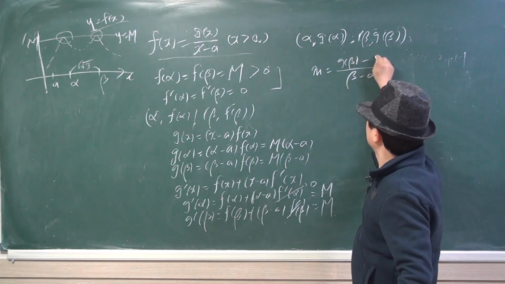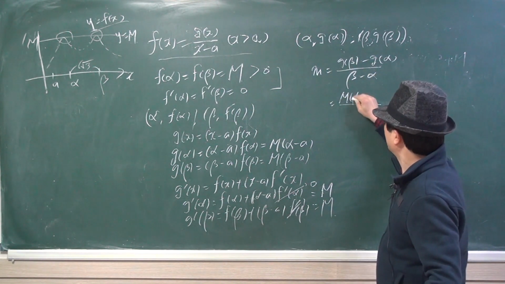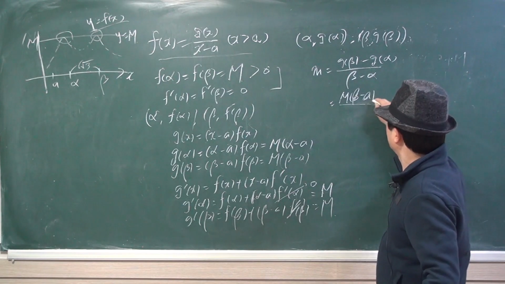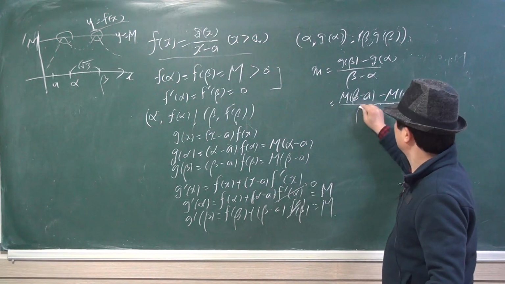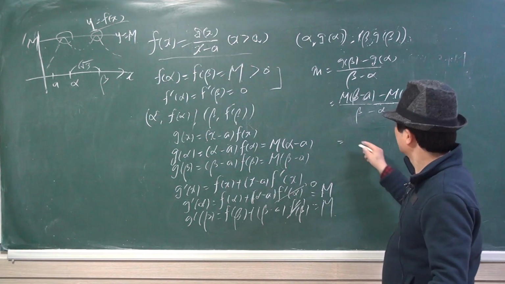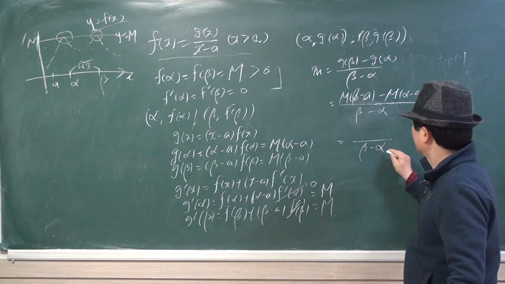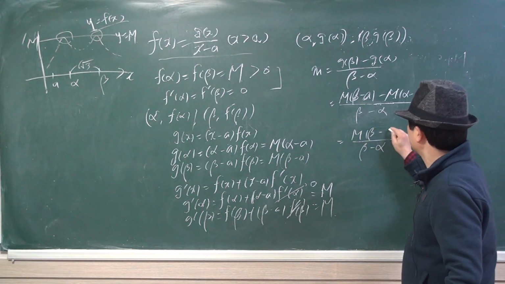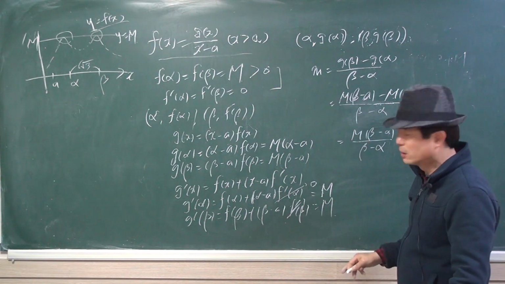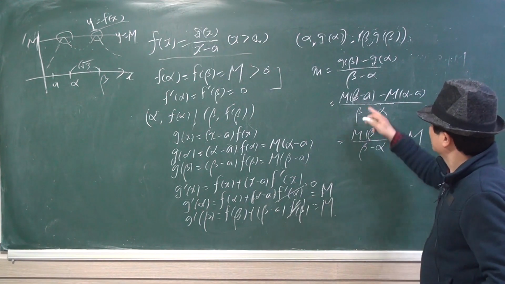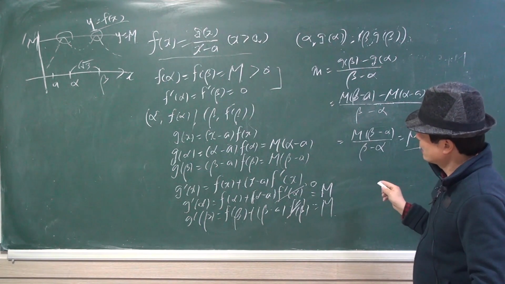That is (m(beta minus a) minus m(alpha minus a)) divided by (beta minus alpha), and it can be simplified to m. So the slope of the line segment is m.